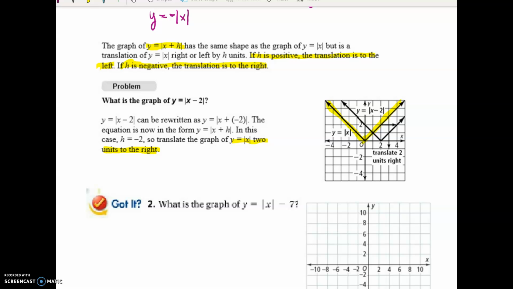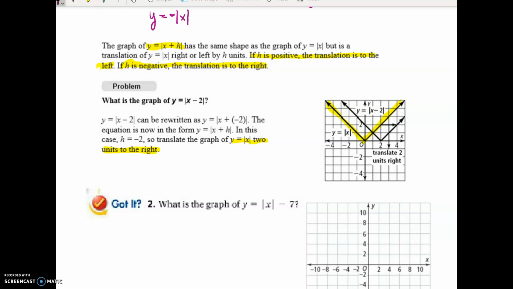If we look here in this equation, we have the -2 and it's inside those absolute value bars. So we can see the parent function here. I went ahead and highlighted that in yellow. And we can see that we just translated it 2 units to the right because it's -2.